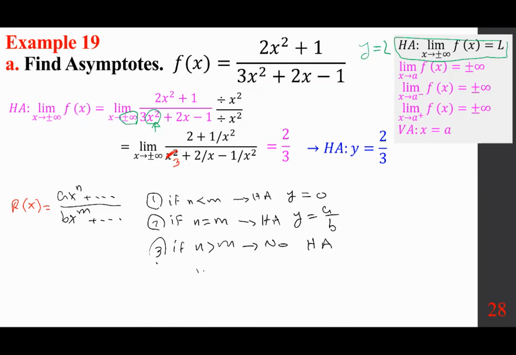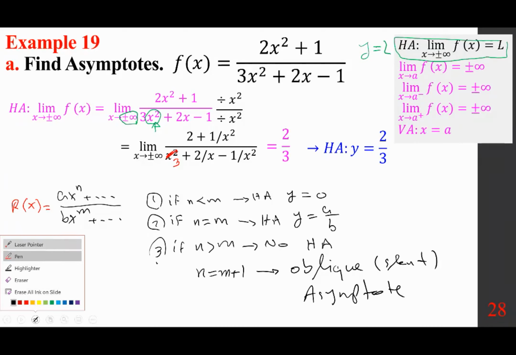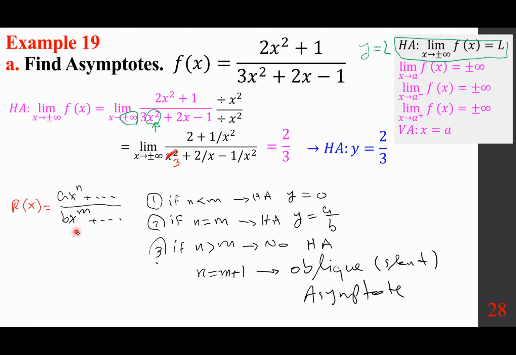If it was precisely m plus 1, then we had an oblique or slant asymptote, which meant you had to do long division, and the linear function would be the slant asymptote.